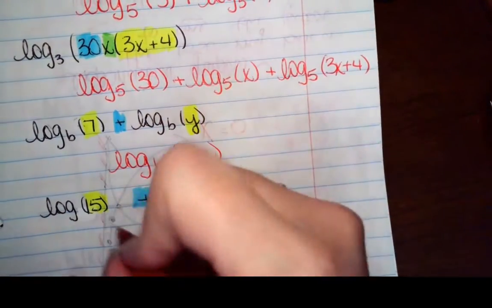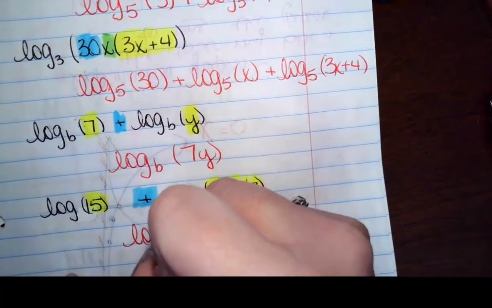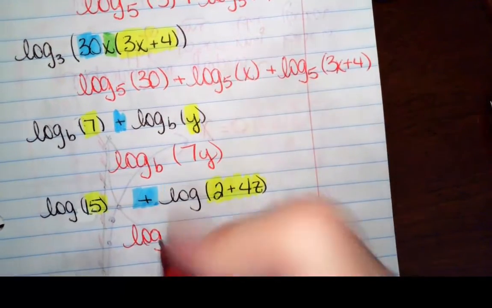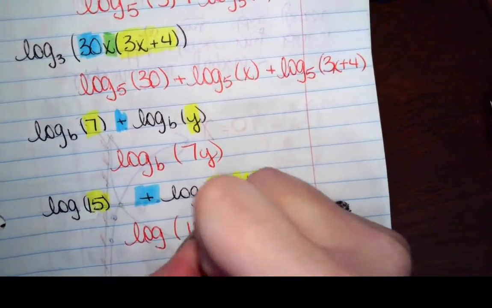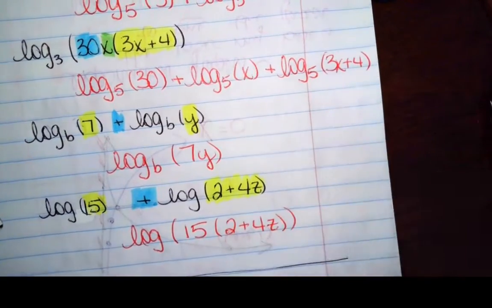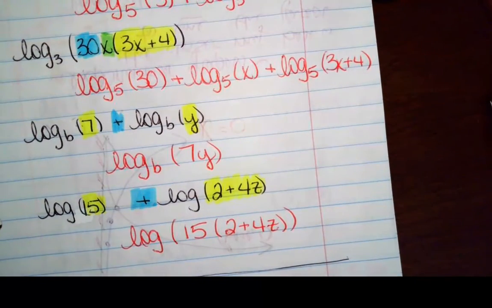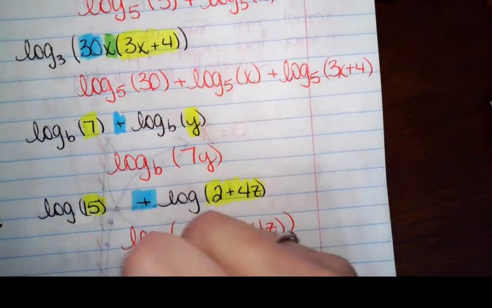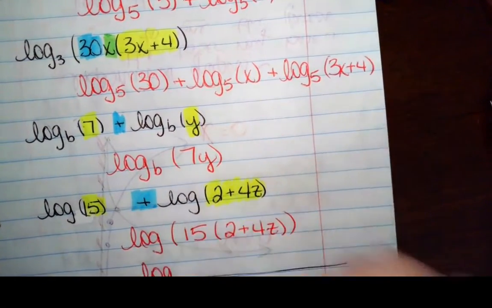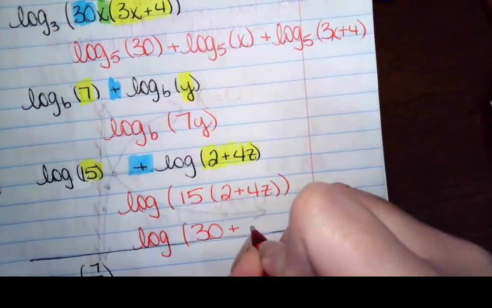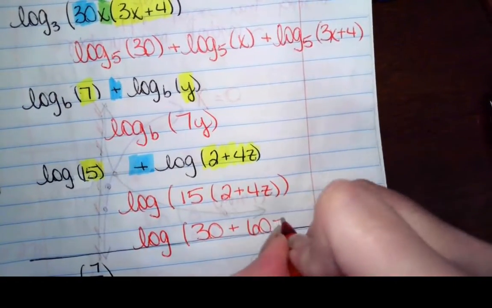So I'm going to combine or condense that into the common log, base 10, of 15 times 2 plus 4z. And now if you wanted to simplify that a little bit further, we can go ahead and distribute that 15. So that would give me log base 10, or the common log, of 30 plus 60z.